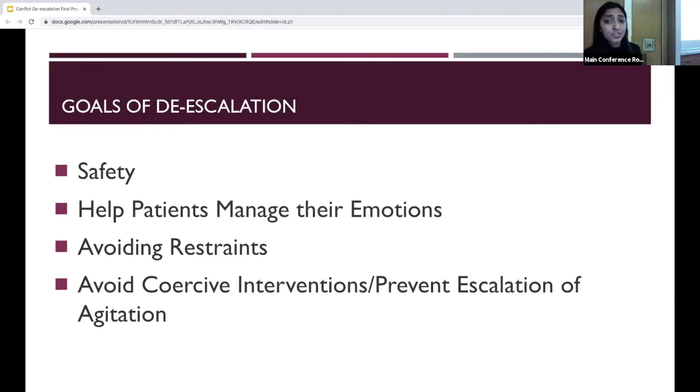The paper mentions there are 4 objectives to verbal de-escalation. One is to ensure the safety of the patient, staff, and other members of the area, help the patient manage their emotions and distress, and maintain or regain control of their own behavior, avoid the use of restraints when at all possible, and avoid coercive interventions that can escalate agitation.